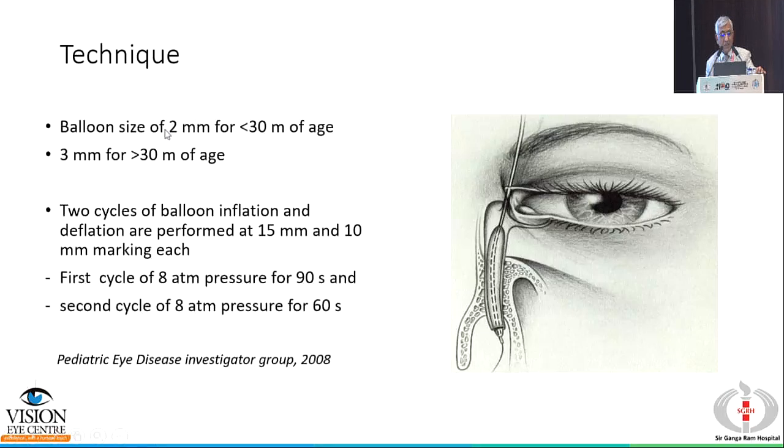So balloon sizes of 2 and 3 millimeters are available, the larger one for the older subjects who are more than 2.5 years old. And 2 cycles of balloon inflation are carried out, at a distance of 15 and 10 millimeters.